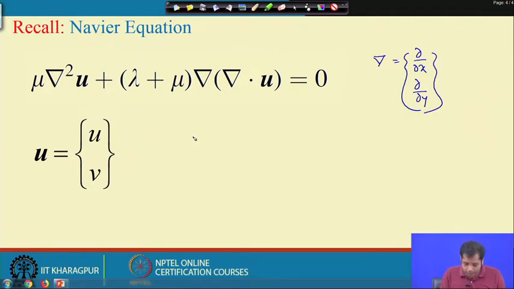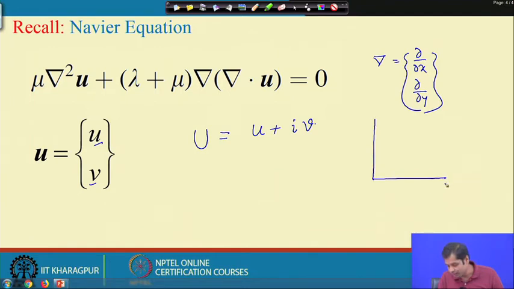Now, let us define the complex displacement U equal to u plus i into v. Here u is the displacement in the x direction and v is the displacement in the y direction, and we define a complex displacement on a complex plane, in this case the u-v plane.